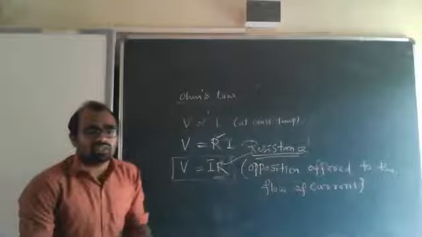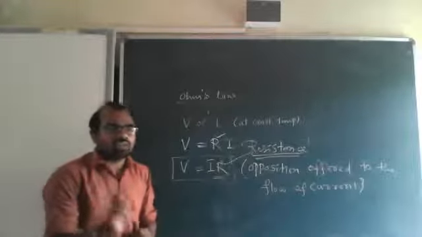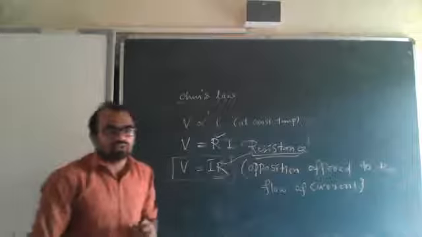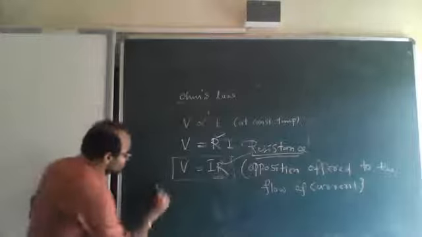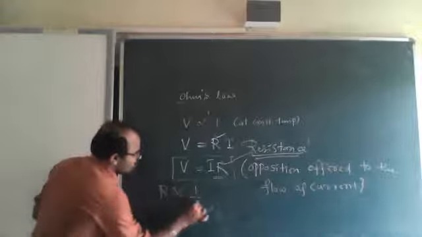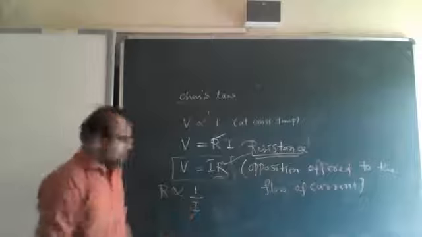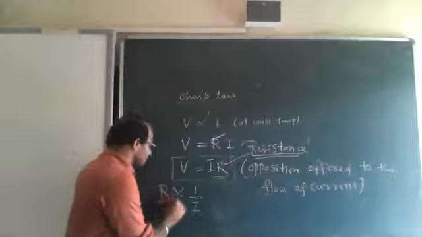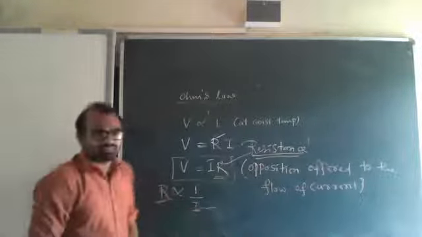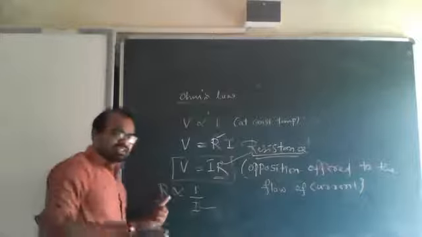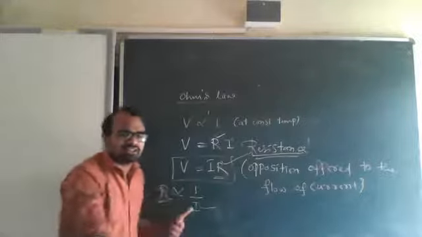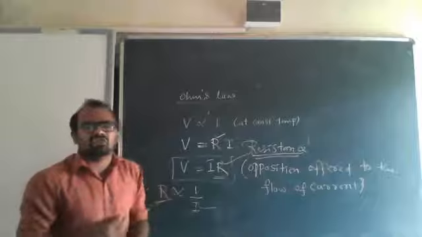It is opposing the current, which means obviously it is inversely proportional to the current. What is inversely proportional? As the resistance increases, current decreases. As the resistance decreases, current increases. Just exactly the reverse of the electric current.